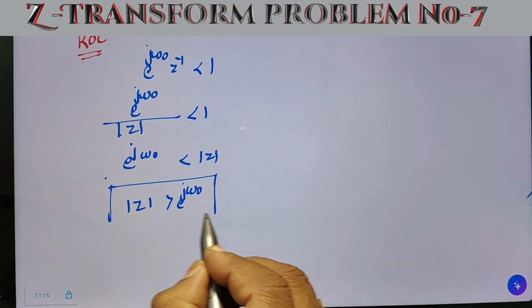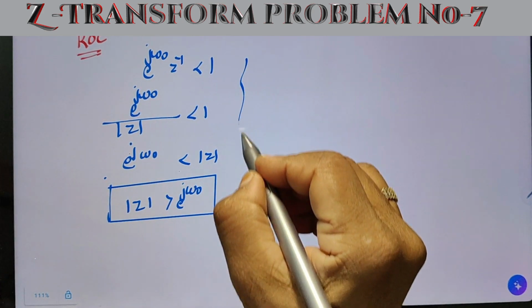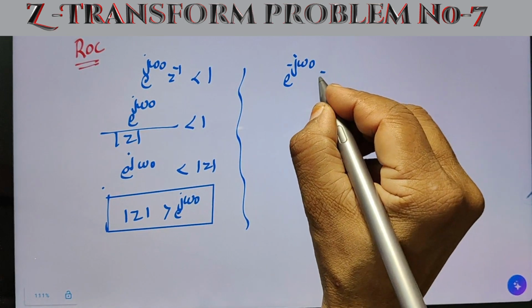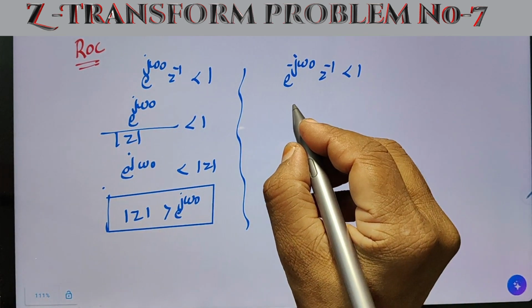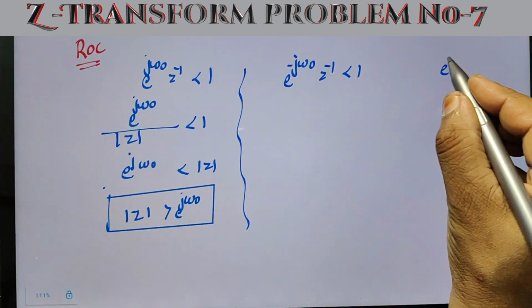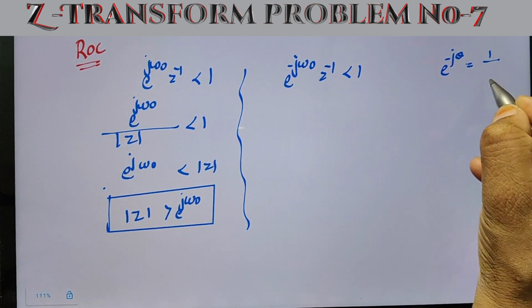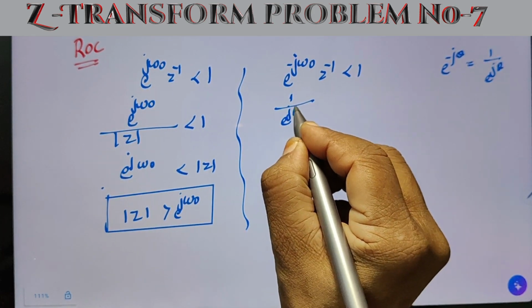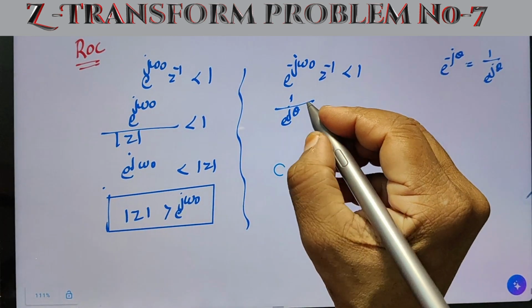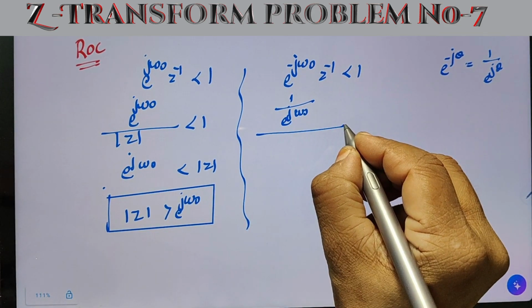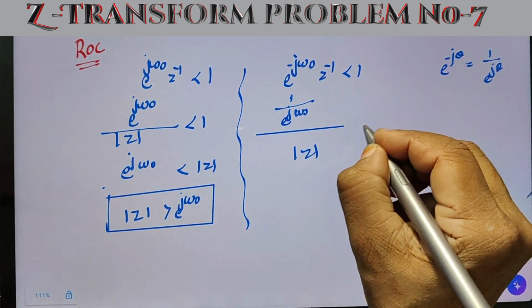This is one type of ROC received. Likewise, write the second term: e power minus j omega naught z inverse less than 1. Here e power minus j theta is 1 by e power j theta. Likewise, write 1 divided by e power j omega naught, the whole divided by modulus z less than 1.